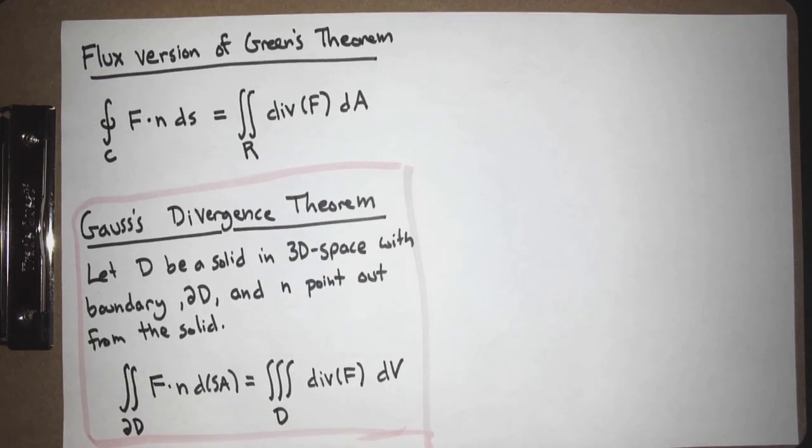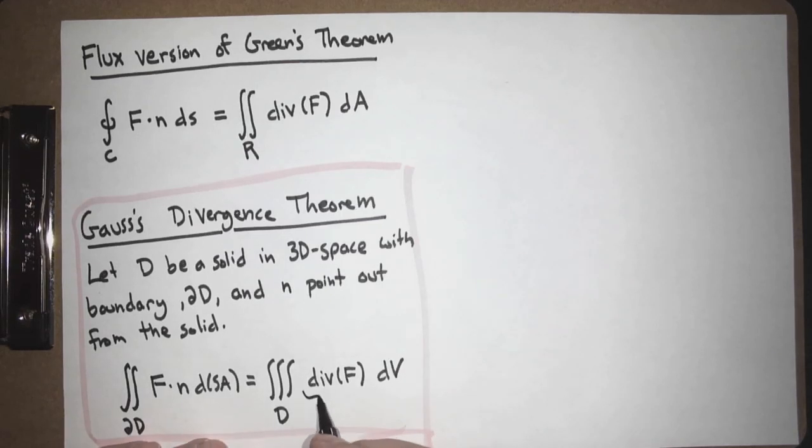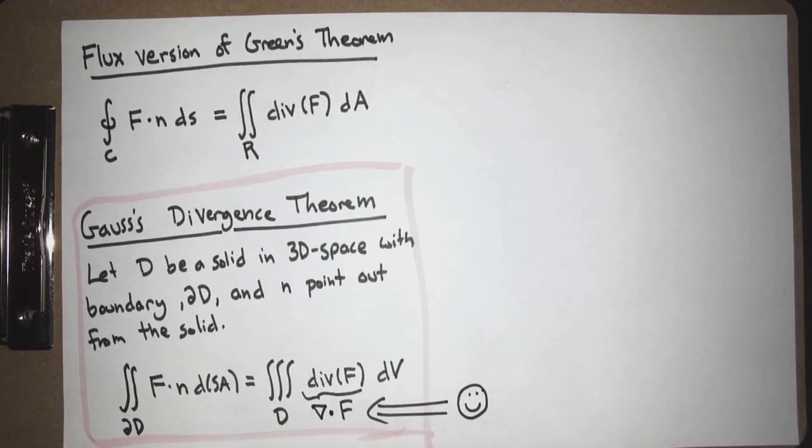And divergence, you might remember, this is our del dot F. And this, by the way, is our happy one, because del dot F, the divergence, is the easier one to compute. So that's the result.